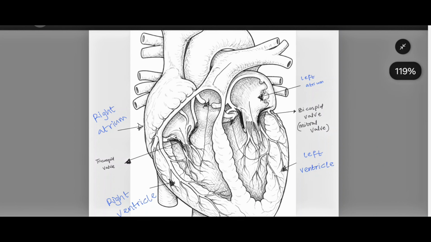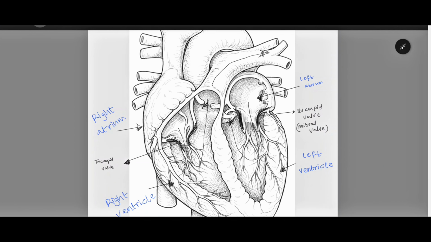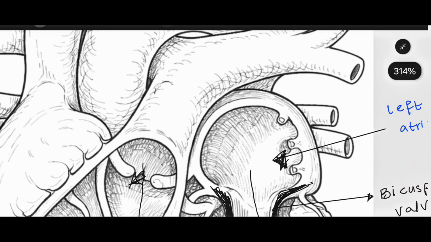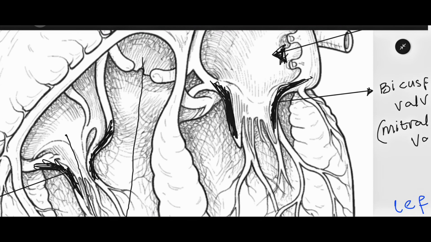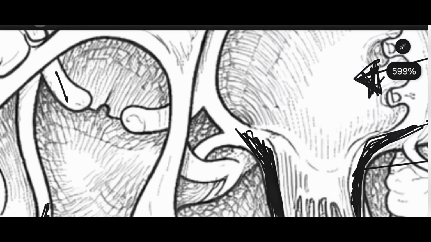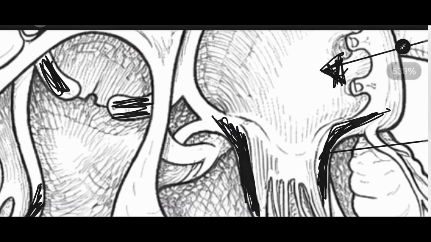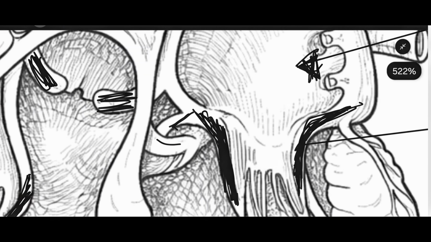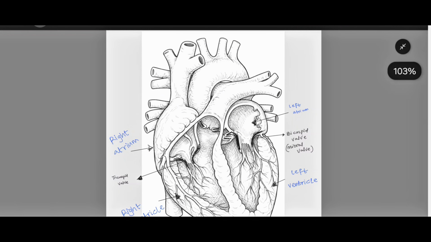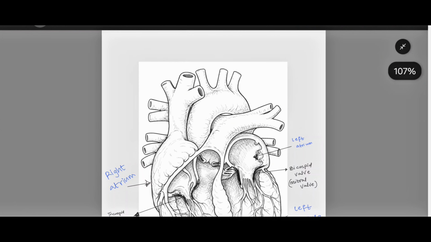The valves are found at the exits of the ventricles. You can see this is one of them, and this is another one. These valves are called semilunar valves.